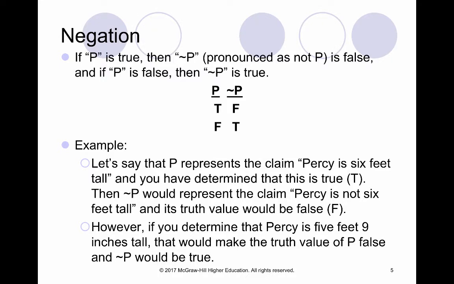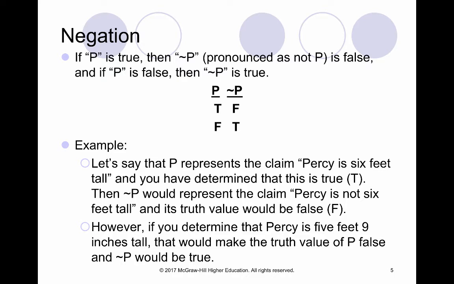Okay, this is what negation looks like. If P is true, then not P is false. And if P is false, then not P is true. To show the not part, you use the squiggly negation sign that's generally up on the left side of your keyboard by the numbers. So if you were to make a truth table out of this, it would look like this.